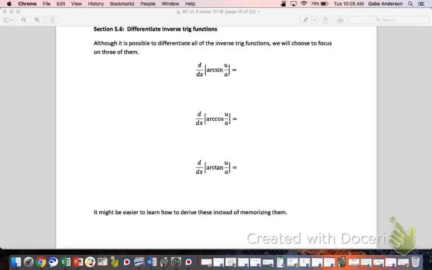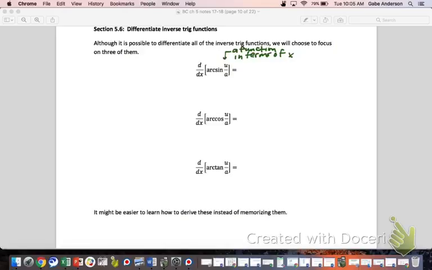So the derivative of arc sine of u over a, where we want to remember what u typically stands for. U normally stands for a function in terms of x. That'll be true of all these. And here is the derivative, unless any of you think you remember it.